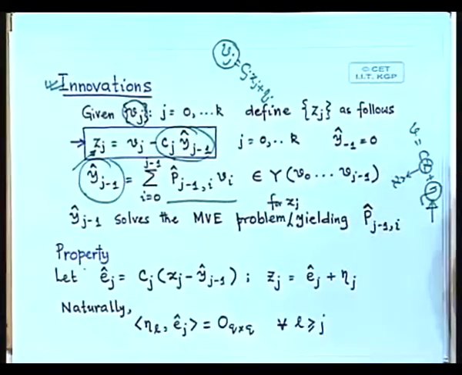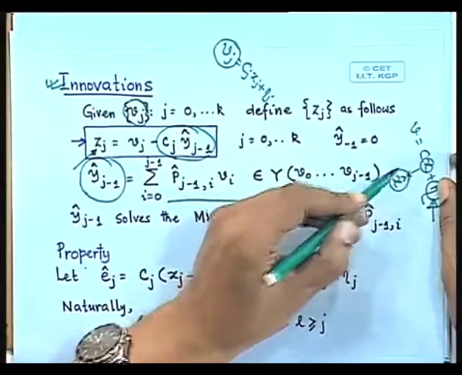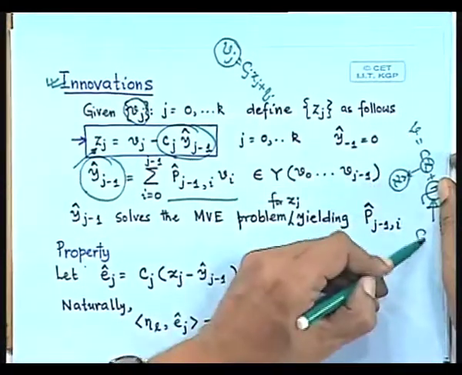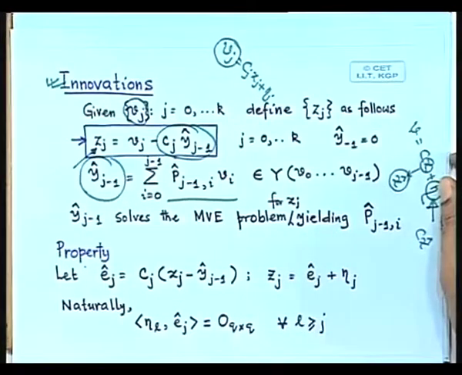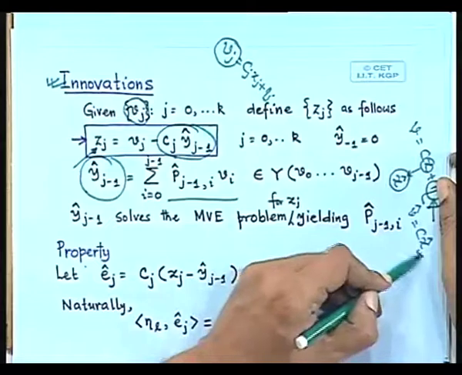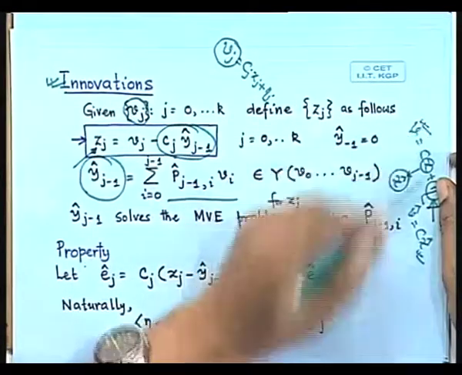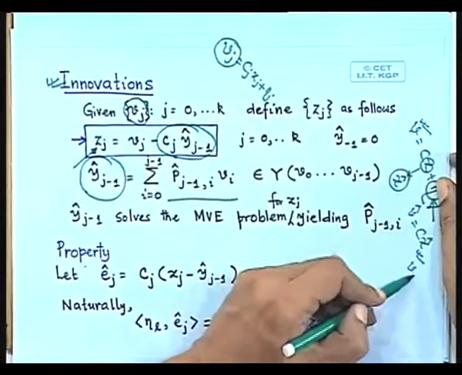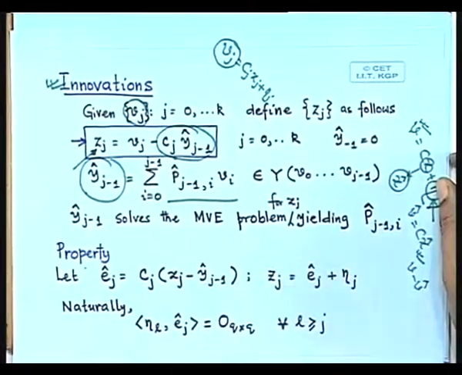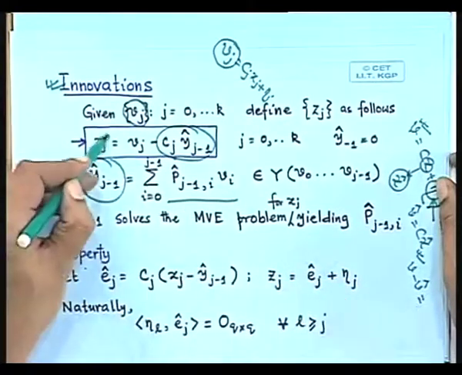So if you have an X hat, what is the estimate of V you can generate? Obviously C x hat. This is your estimate of V using X hat. But then you got V, so V minus V hat is the error. So V minus V hat is nothing but this Z.